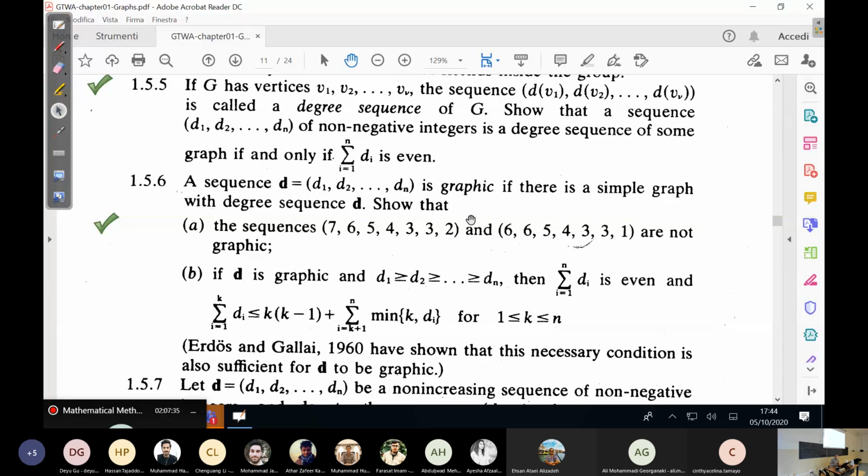So start from solving these two problems, and what is important, get a general solution for this problem. Input: any finite sequence of non-negative integers whose sum is even. Output: a graph which has this as degree sequence. Next time I'll start solving it, okay?